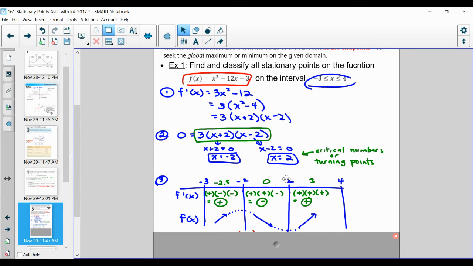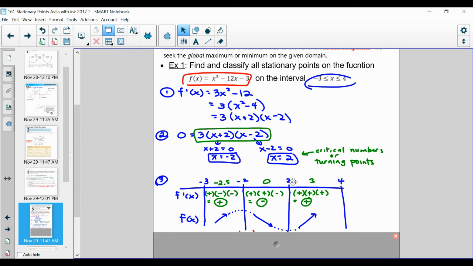If I pick a number between -2 and 2, the best one to choose is always 0. Then I'm going to have a positive factor and a negative factor. So a positive times a negative is going to give me a negative result and mean that we have a decreasing function. When my derivative is negative, it indicates a decreasing function.